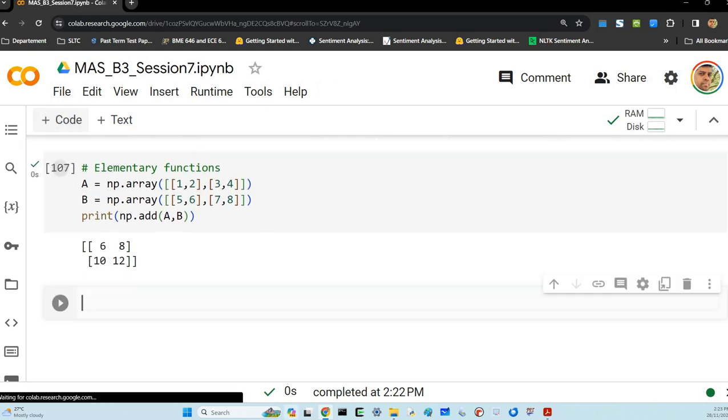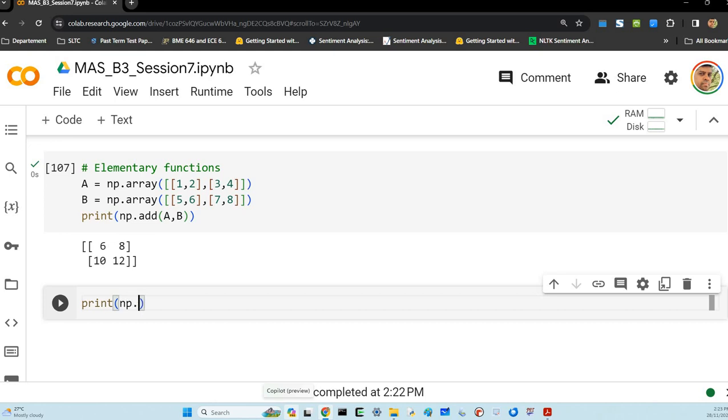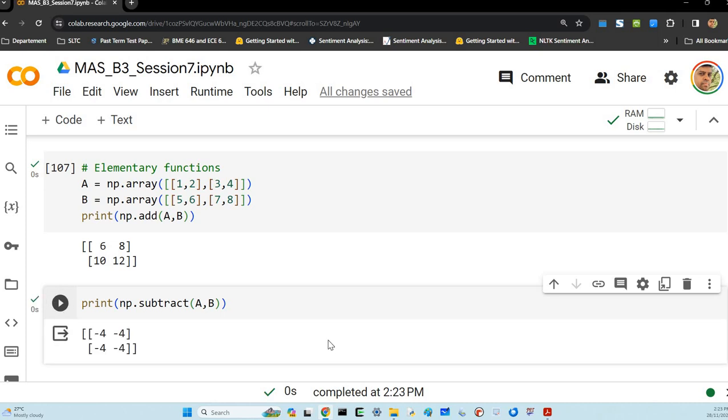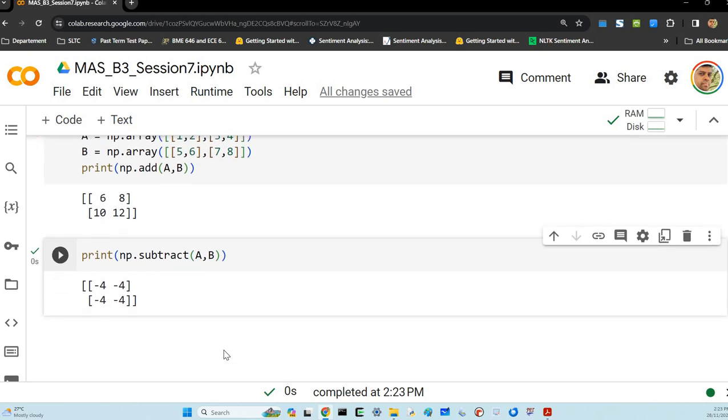So similarly, if you use np.subtract A comma B, yes, you will get minus 4. So basically 1 minus 5 is minus 4, 2 minus 6 is minus 4. All the differences are minus 4.